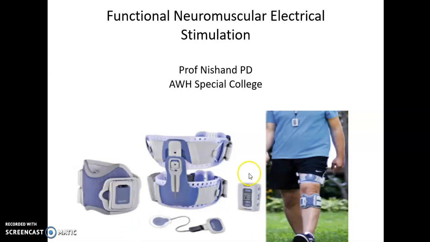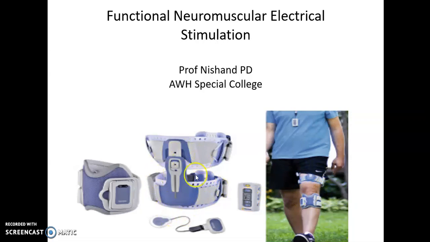So here you can see the functional electrical stimulation given to the lower limb. Here you can see that the person is wearing an apparatus on his left leg, that is FES, which is stimulating the lower limb.